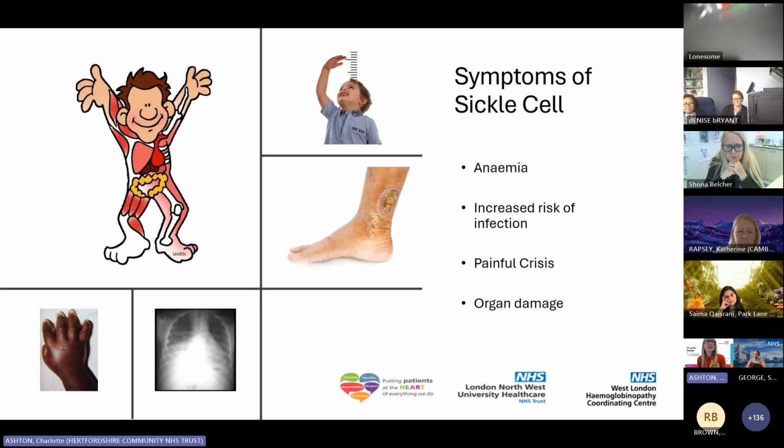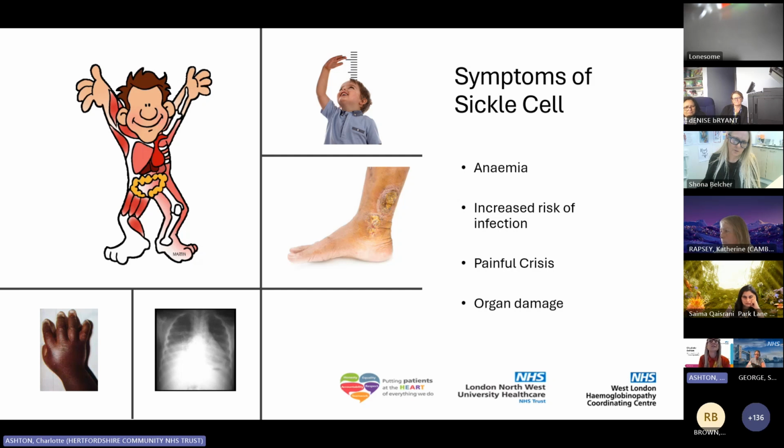The symptoms of sickle cell, as Leanne said, are anaemia, increased risk of infection, painful crises and organ damage. I have a picture here of a swollen hand, which we know as dactylitis. This refers to painful swelling of the fingers and toes, often resembling a sausage-like shape.